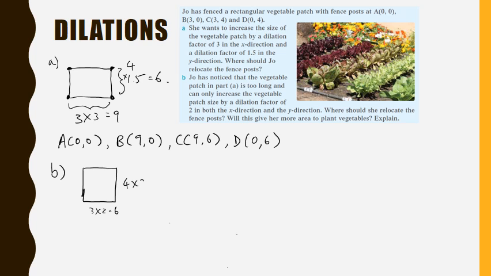And then 4 times 2 gives us an 8. So our new points are going to be (0, 0), (6, 0), (6, 8), and then (0, 8).